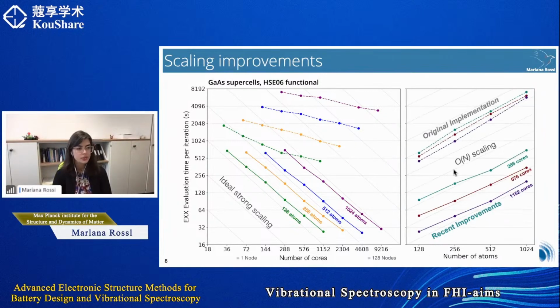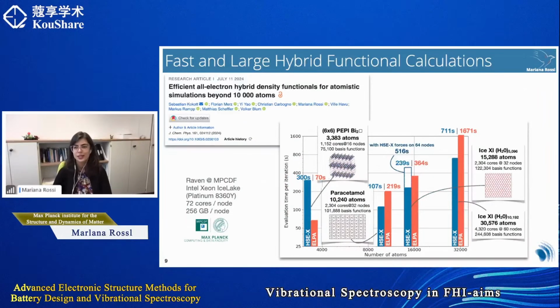And this is also reflected in the order N scaling here. So now this is how it scales with number of atoms. The original implementation was also order N scaling in that respect, but with a much, much larger prefactor than we have now, right? So the current status of the implementation really allows us to do very large simulations with hybrid functionals, or do very fast and efficient simulations for smaller system sizes.